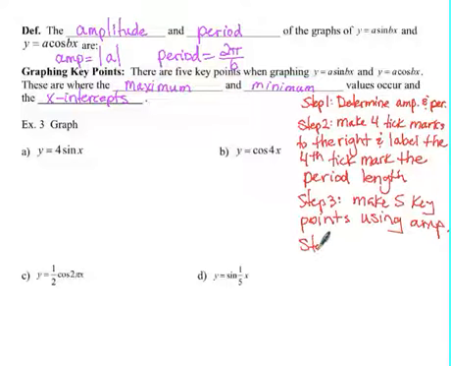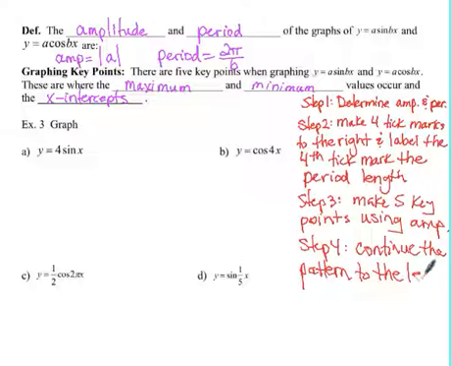Step 4, continue the pattern to the left. Okay, so you do it to the right, a whole period length, and then you do it to the left.